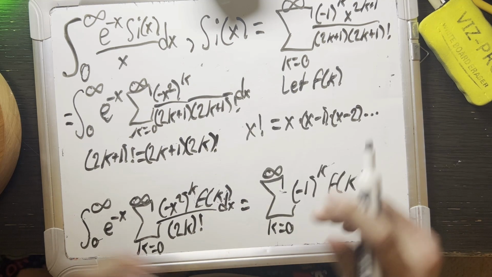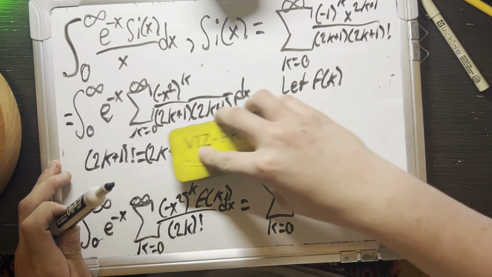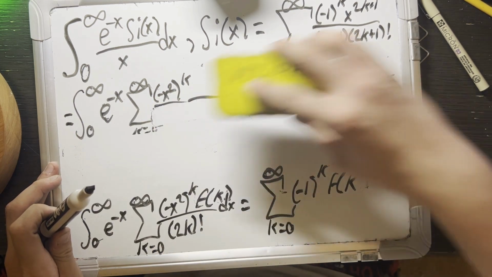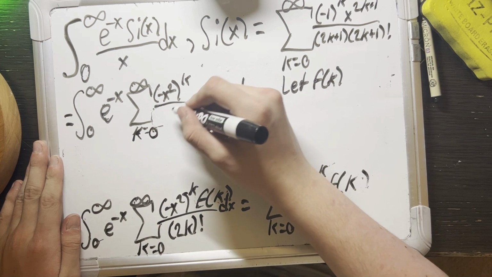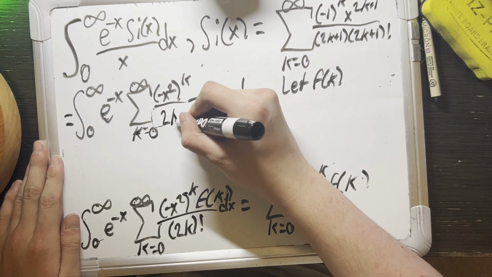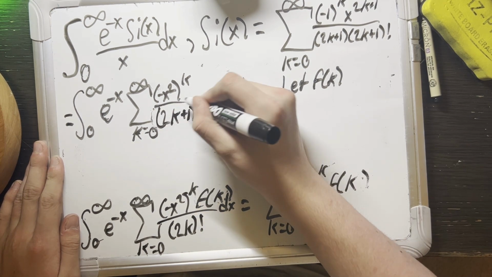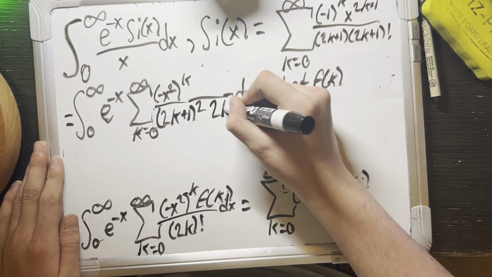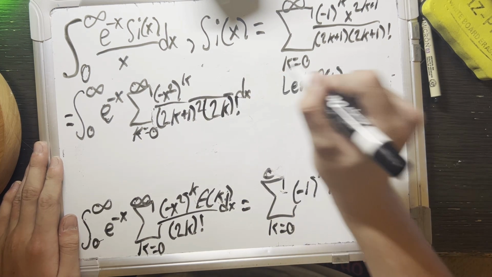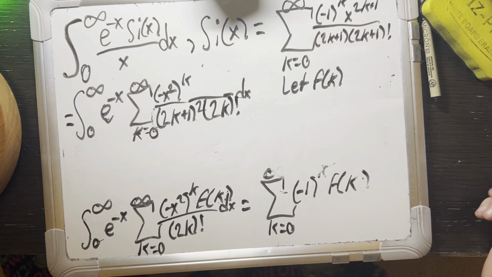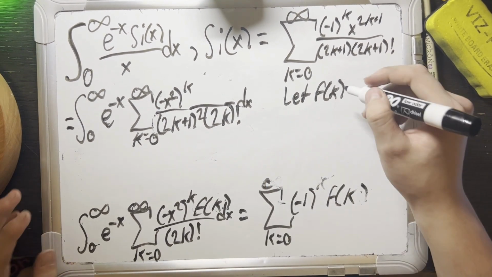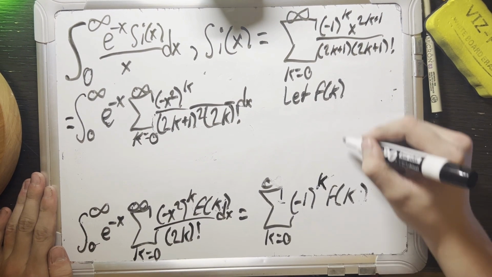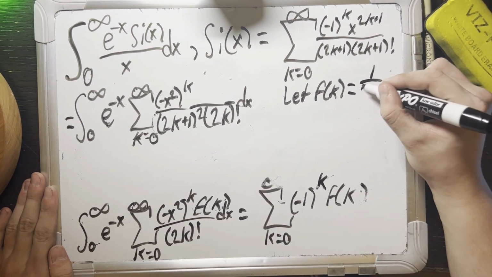Just plug that in there. So after plugging that in, we get 2k plus 1 squared times 2k factorial. And now, this is quite beautiful, you have the 2k factorial right there. So then you can just trivially let f of k equal to 1 over 2k plus 1 squared.